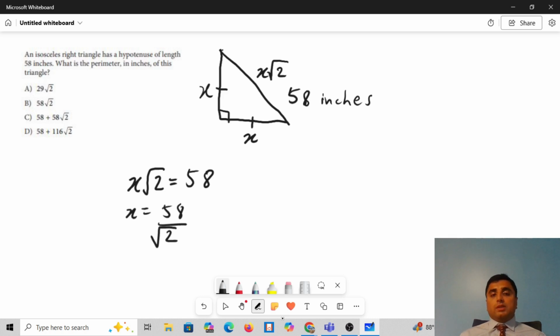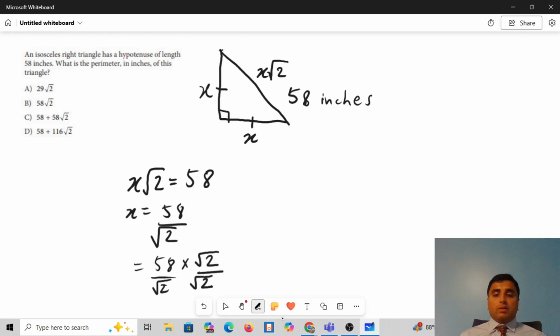Let us rationalize this, and we'll do that by multiplying this particular value by the square root of 2 divided by the square root of 2 itself. So we are going to get 58 over the square root of 2 times square root of 2 divided by the square root of 2.